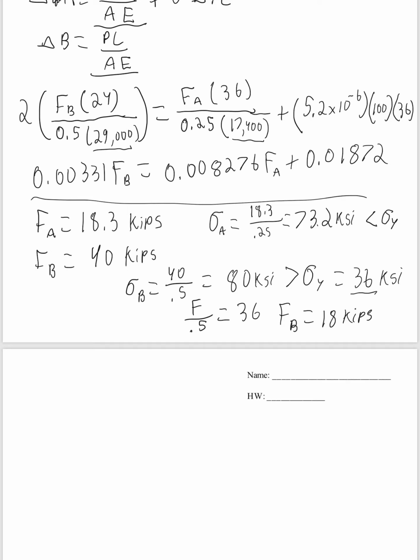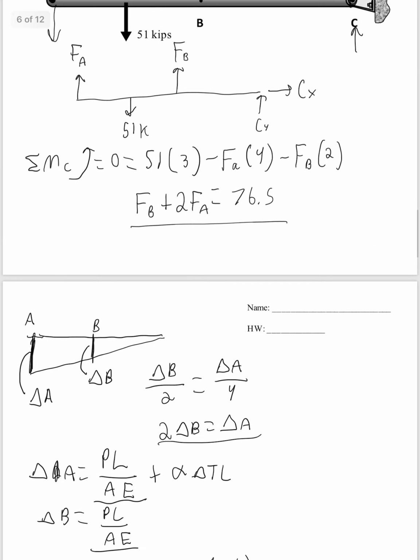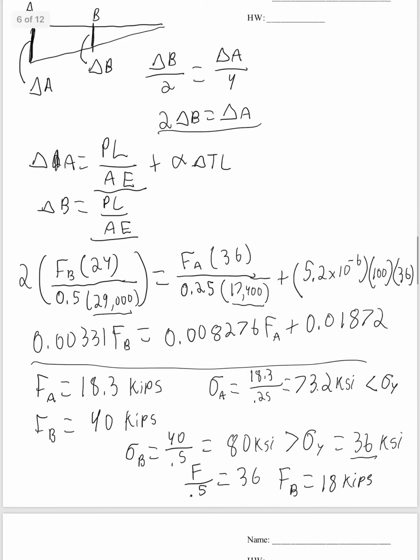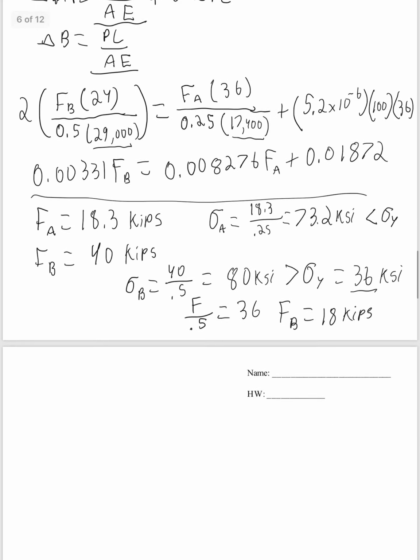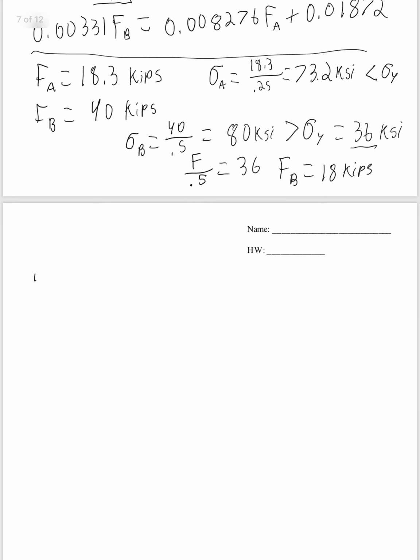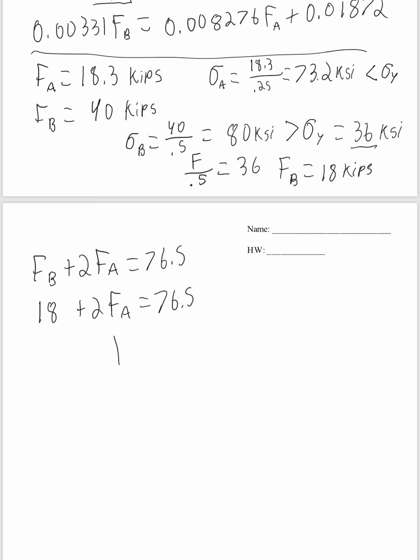Now we need to see from this equation right here how much force A has to take now. We said force B plus 2 times force A equals 76.5. So plug in that 18 for force B, and we get force A will be 29.25 kips.